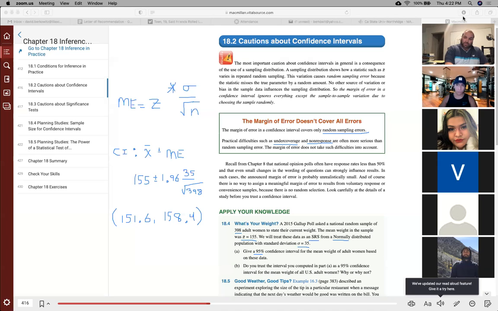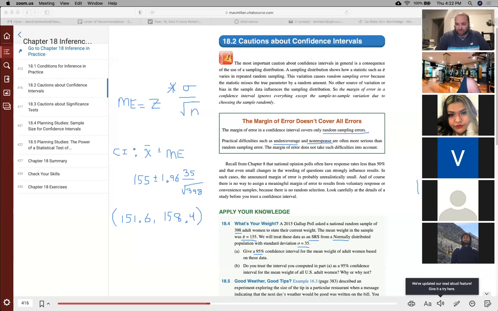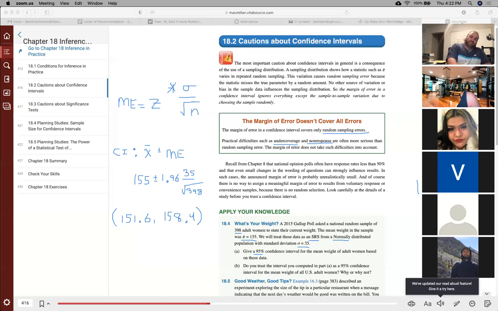Do we have to calculate P now? Don't got to calculate anything. This is a psychology question. It's not a statistics thing. This is a psychology thing.